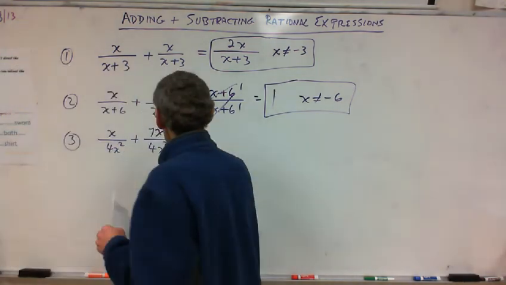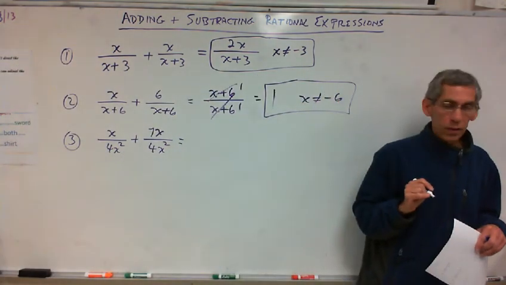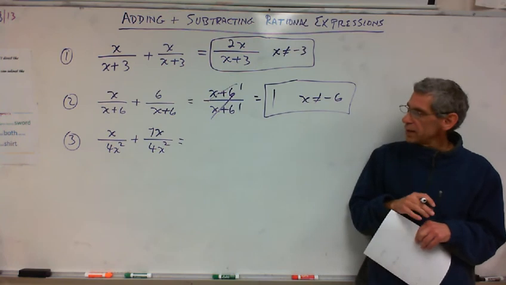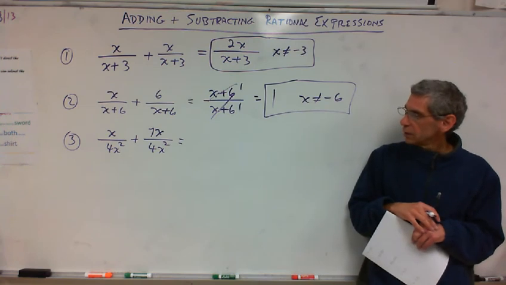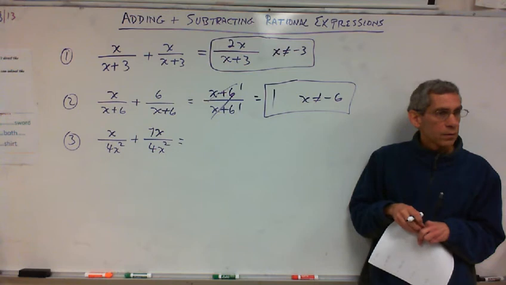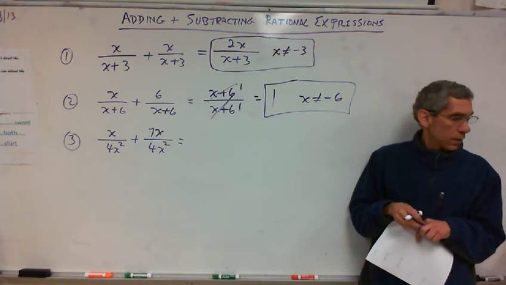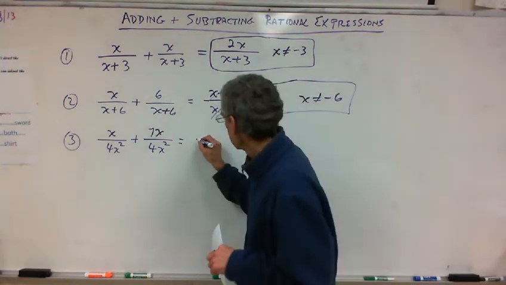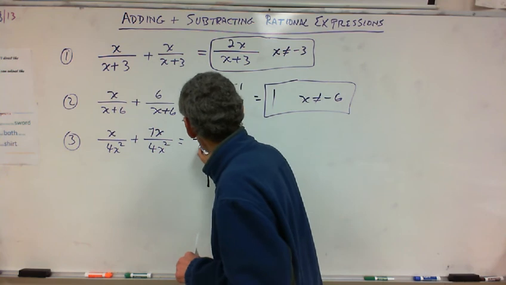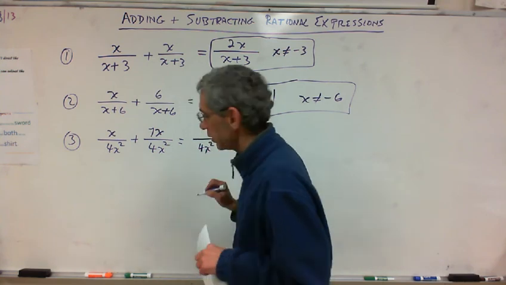Okay, so here we go. x over 4x squared plus 7x over 4x squared. So I have common denominators, right? Yep. Okay. So I'm going to write my denominator down there.